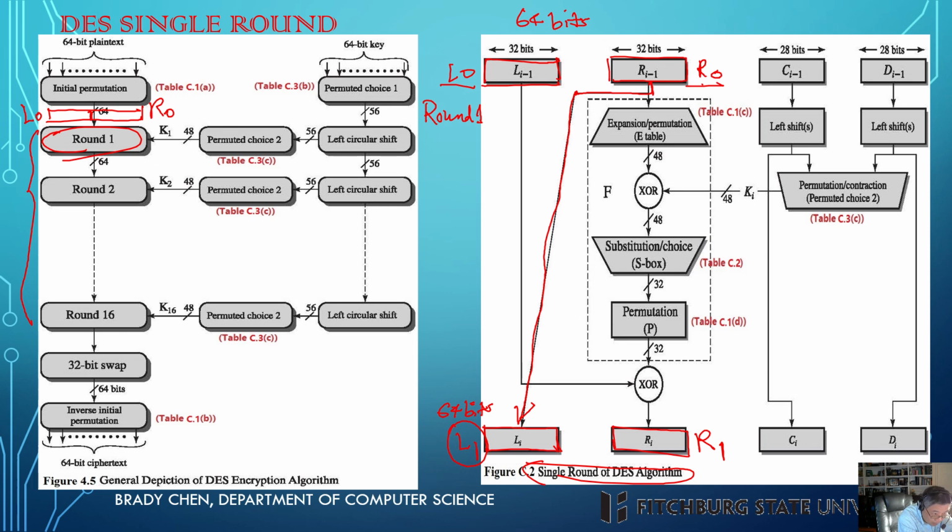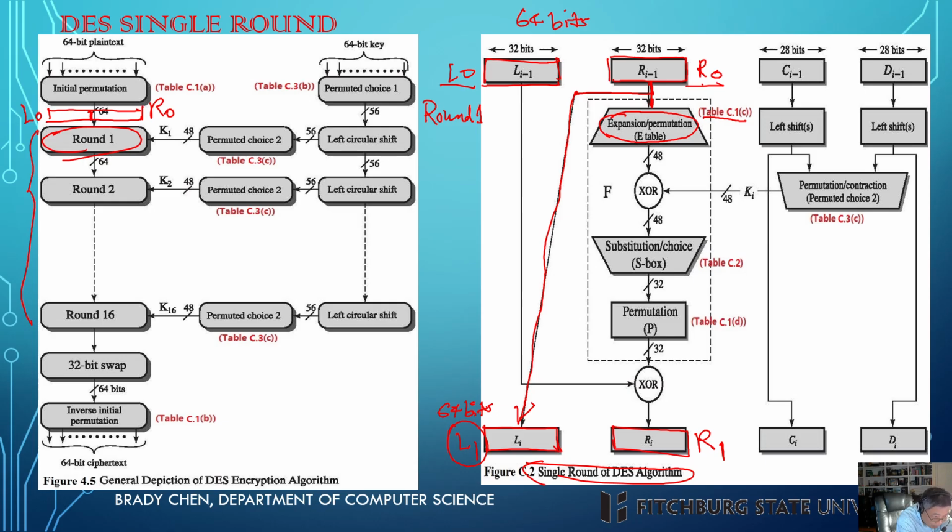Okay, so first, the R0 will pass through a process called expansion permutation, and we call it the E table. Now, the E table is actually a kind of matrix, which is listed in Table C.1. We'll talk about this later. So this is called expansion permutation.